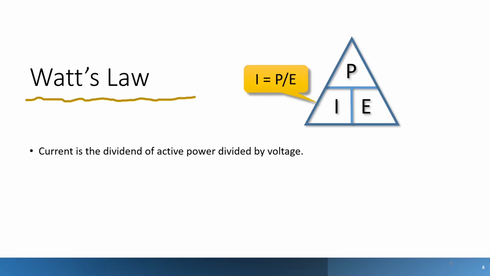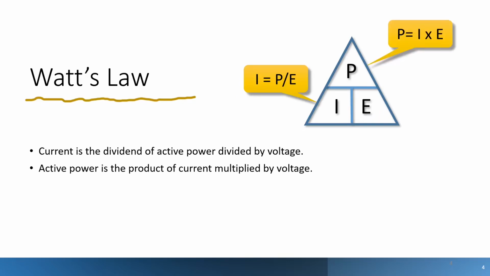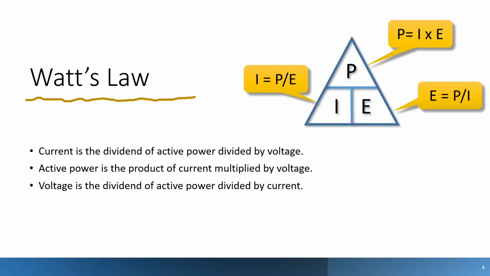So the current is the power divided by the voltage. Active power is the product of current multiplied by voltage. Simply put, P equals I times E. And voltage is the dividend of active power divided by current. So E equals P divided by I. Okay, so that's all review. We've talked about that in previous lessons.